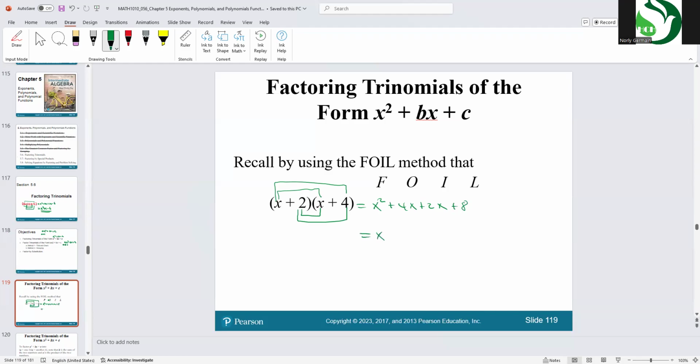Now we have x squared plus 6x plus 8. So that is factoring a trinomial of the form x squared plus bx plus c.